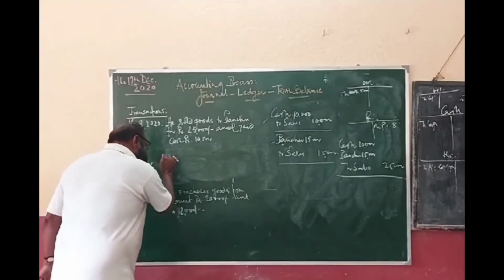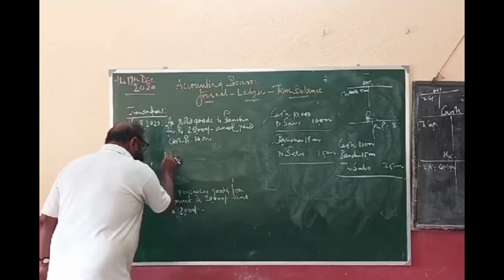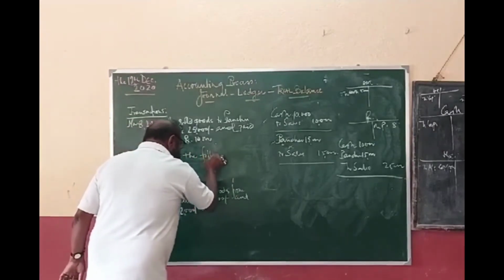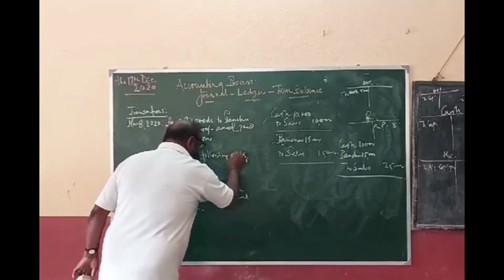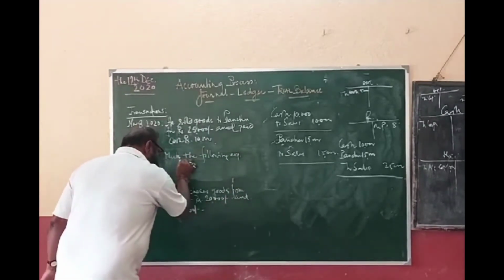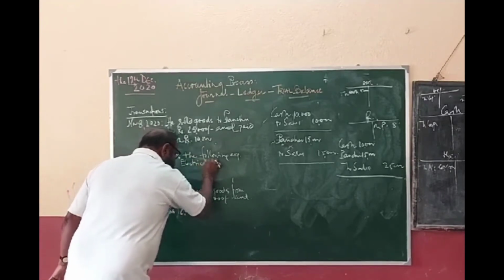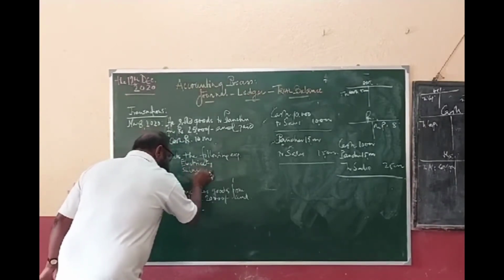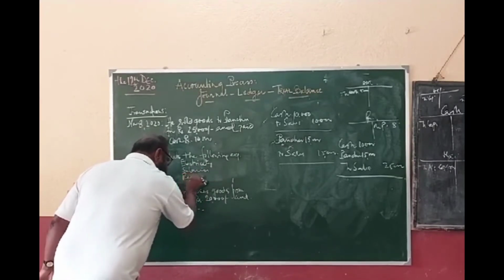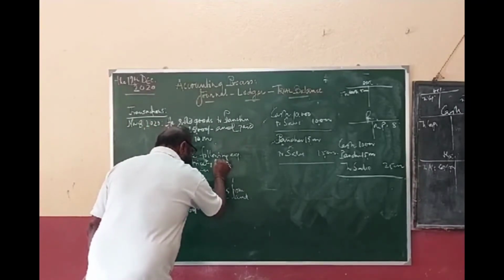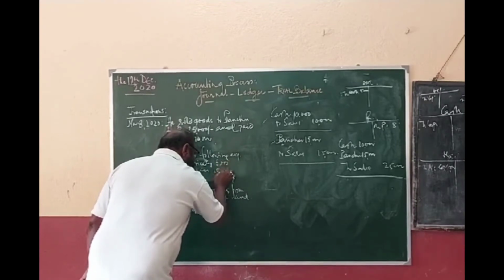Mr. Akash meets the following expenses: electricity, salaries, rent. Electricity 5,000, salaries 15,000 and rent 3,000.